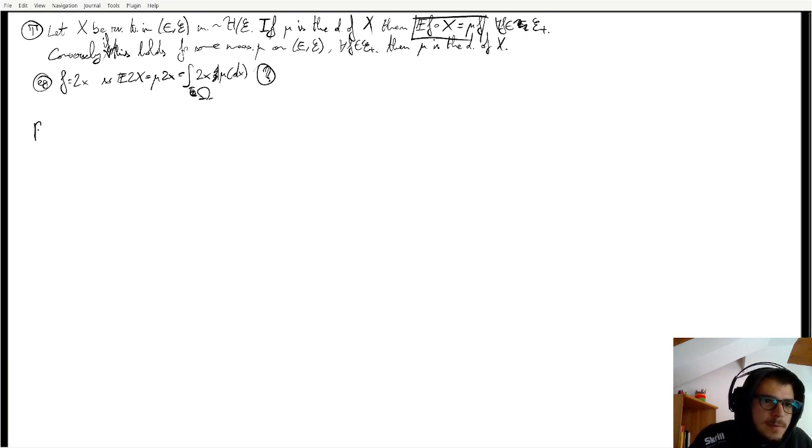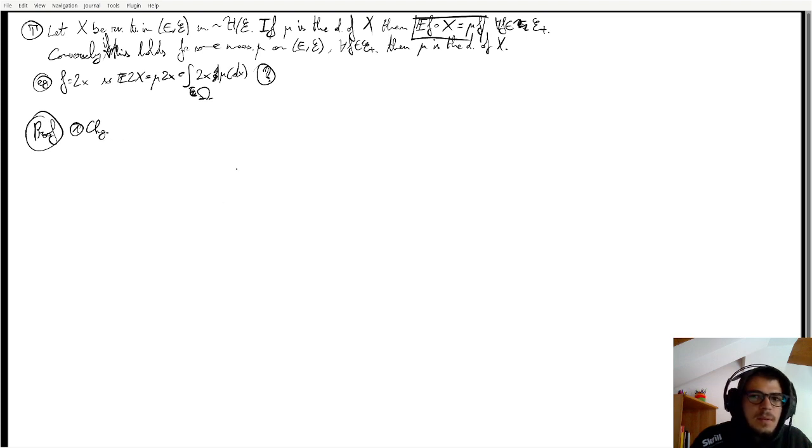And the proof is the following. The first part is given by the change of variable formula that we saw before, and I should try to reflect a bit on how it is connected to this.